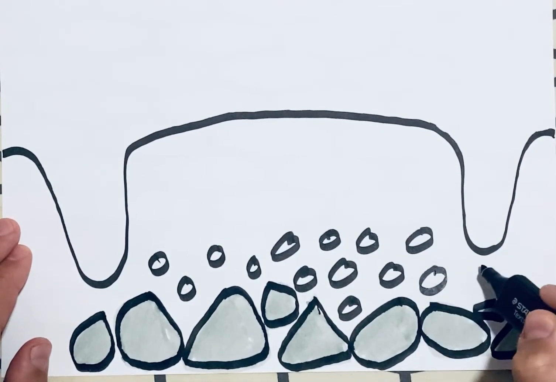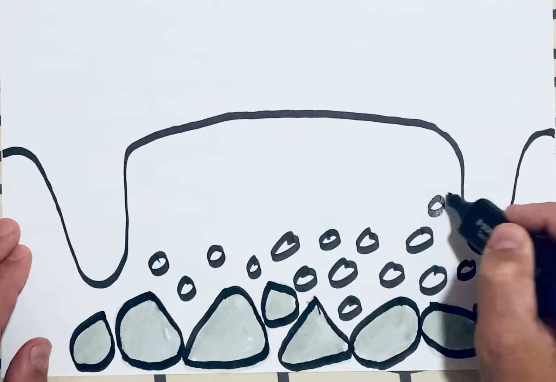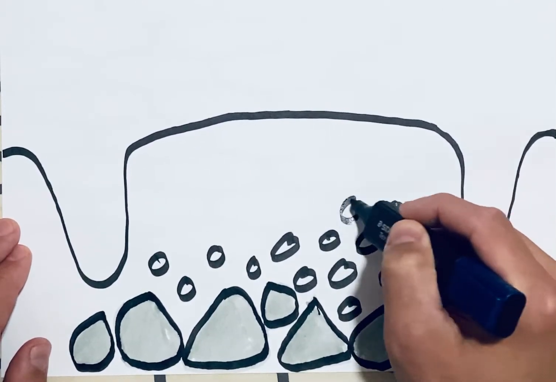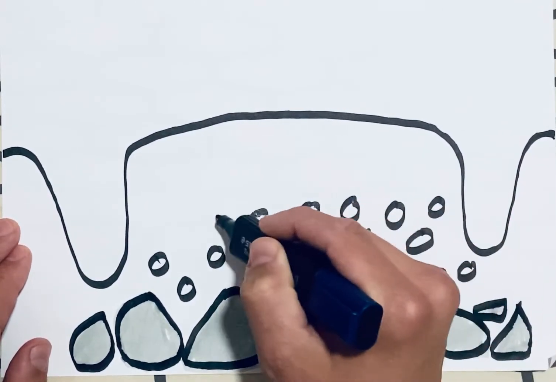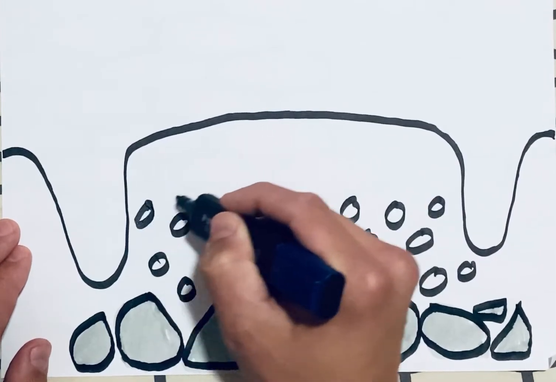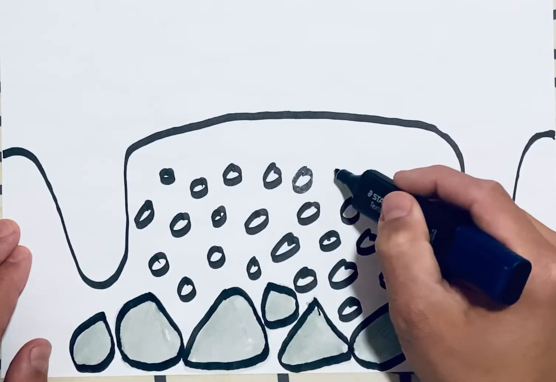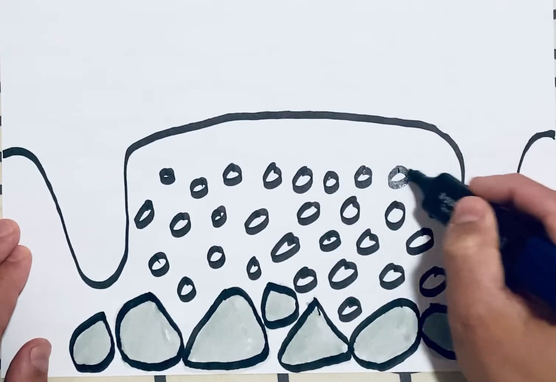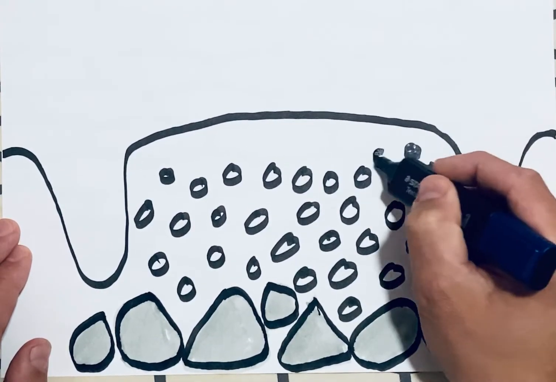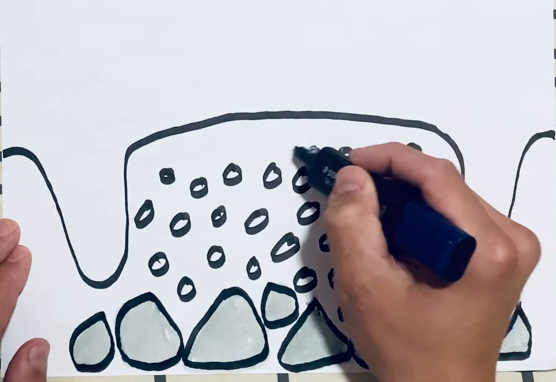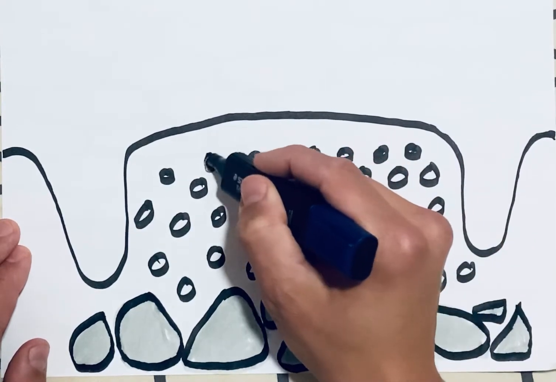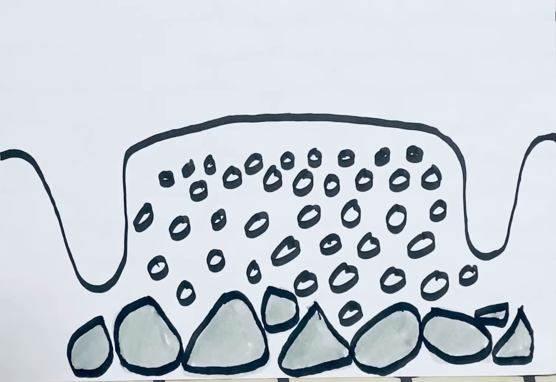On the bottom, we make big stones, and in the middle, we make smaller stones. Good job. You're doing great. This is fun. Making smaller stones up until the top. And now we stop making smaller stones.